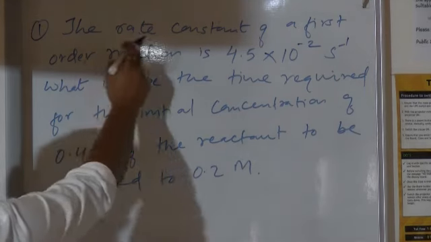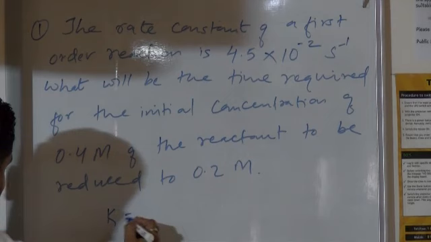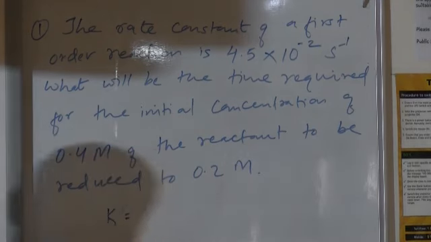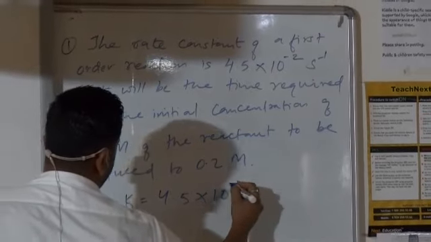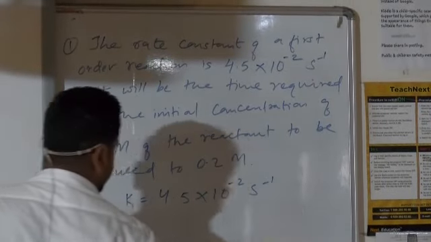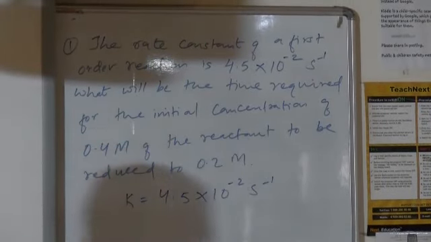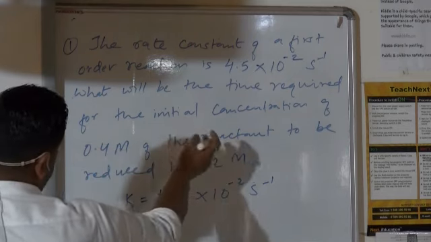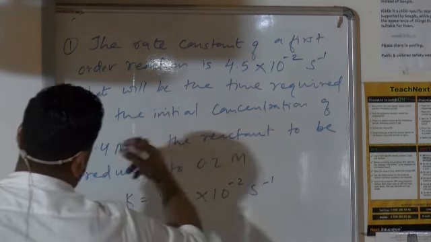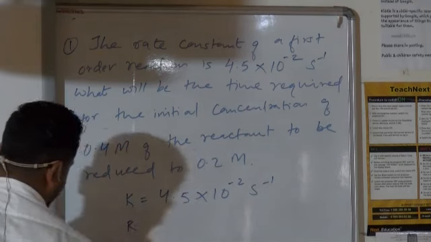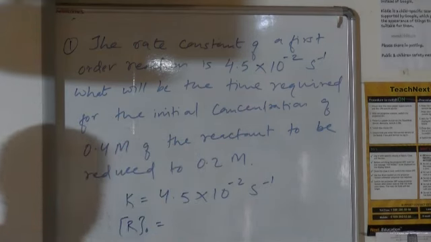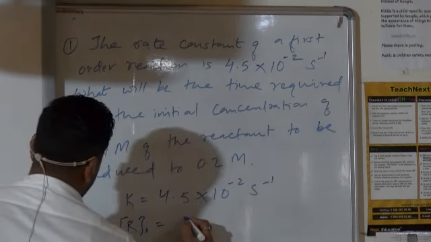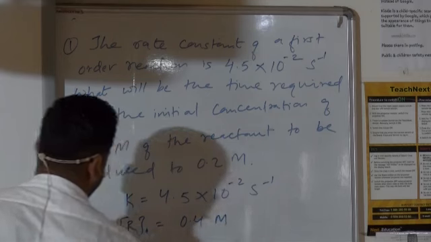The rate constant, that is K, is given. So K is equal to 4.5 into 10 to the power minus 2 per second. Got it? So now what is given next? The initial concentration, R naught, or you can call it R original, is equal to 0.4 molar.